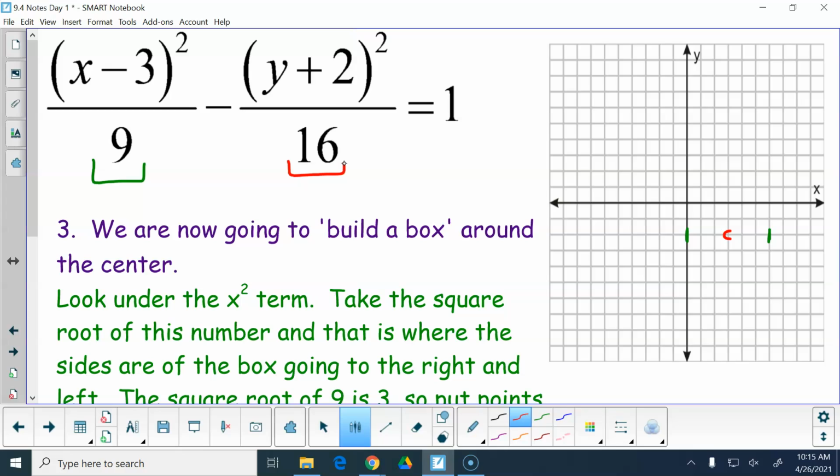So I'm going to go up 4 and down 4. And that's going to give me the box that I need to draw in. And so we're going to dash it in. And that's going to be the box.